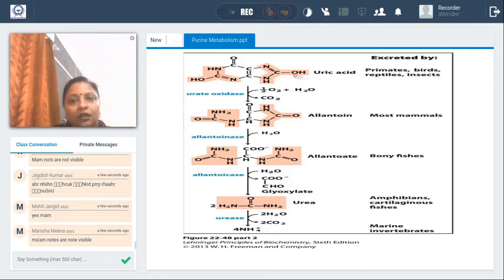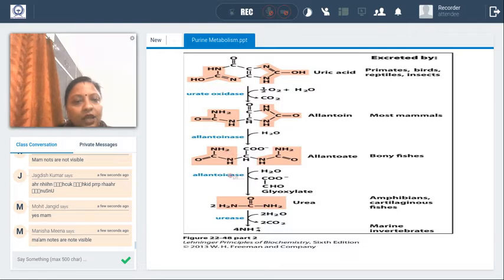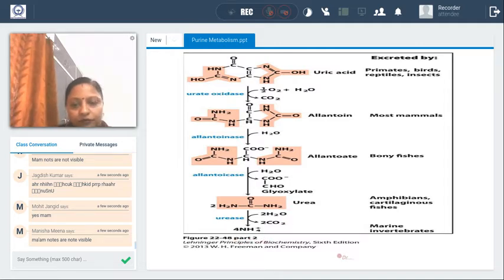So the main product of purine catabolism which is excreted is uric acid, mainly in primates, birds, reptiles, and insects. These are the enzymes: urate oxidase, allantoinase, allantoicase, and the last one is urease. You all know urea converts into ammonia, which is water soluble.